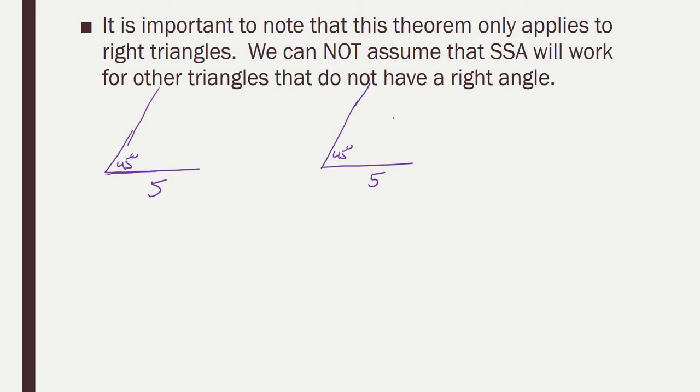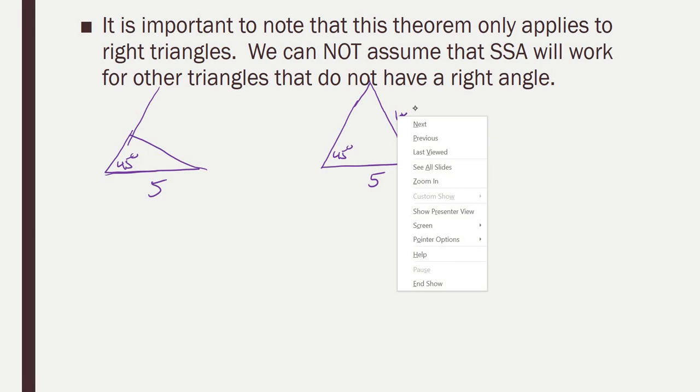Now if that other side is, let's say, 6 units long, it has to be less than 5. Let's say 4 units. My picture is getting really bad.